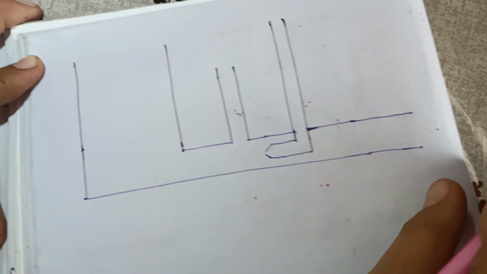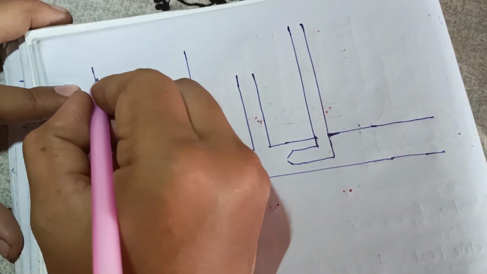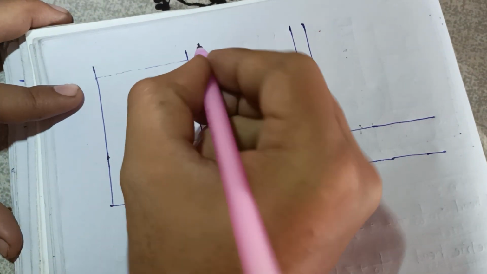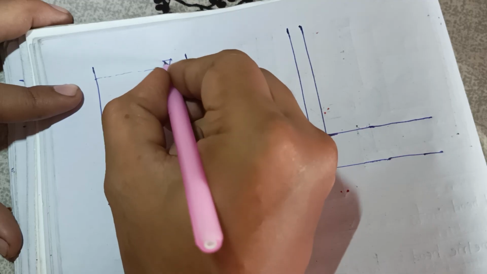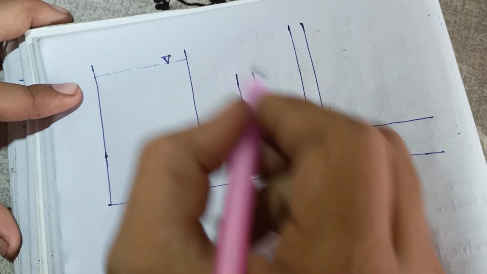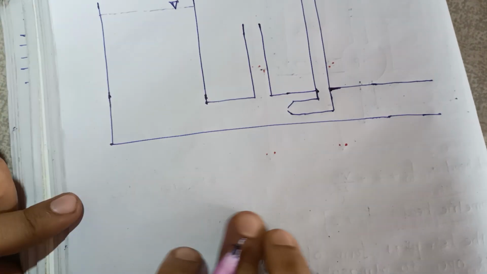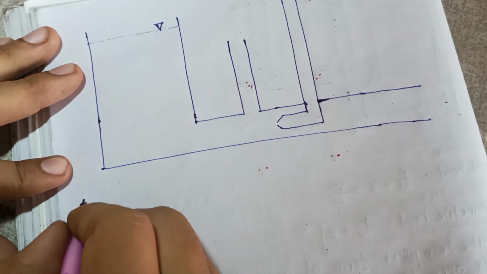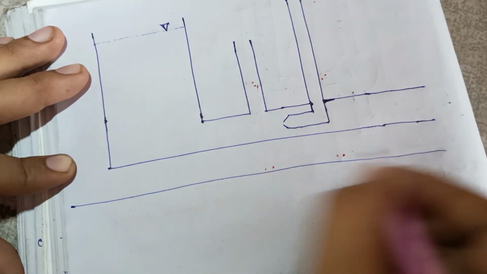So here there is a liquid level, up till this there is a liquid level. The liquid is in static condition, suppose. And this is the reference line.